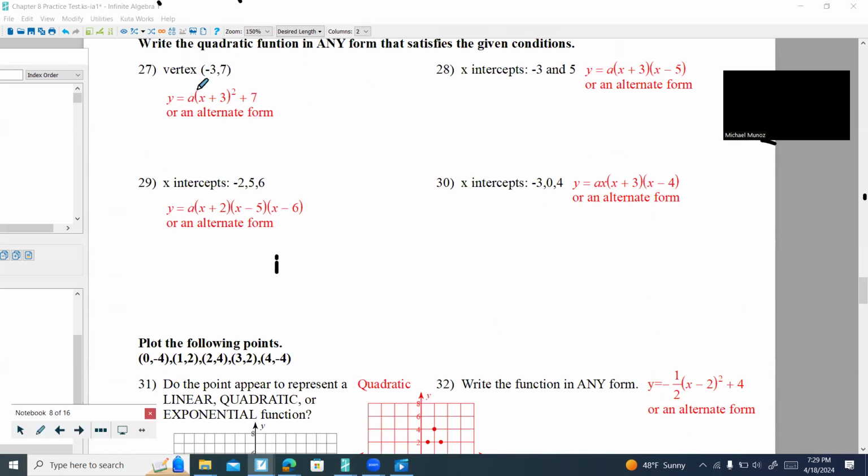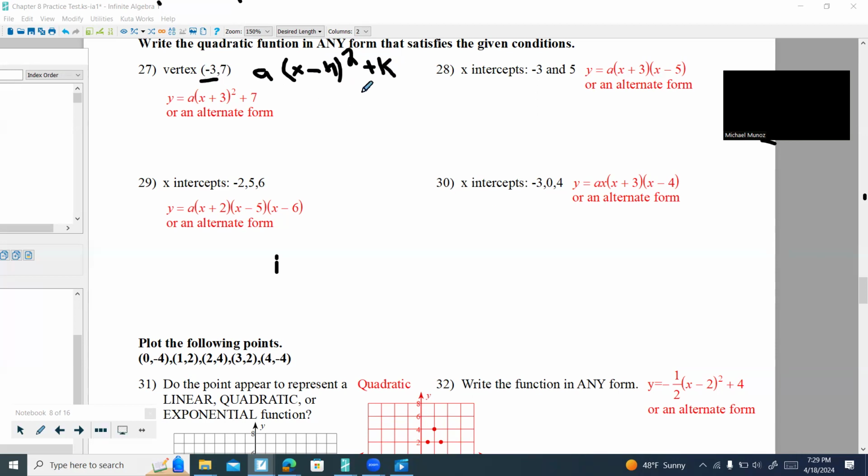We'll go through it. This is the vertex formula, and since we know the vertex, that's the one we want. It's y equals x minus h squared plus k. Now the h stands for horizontal, and out of your x and y, your x is the one that's horizontal.